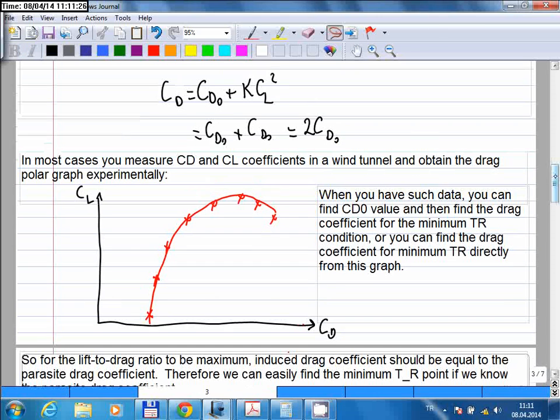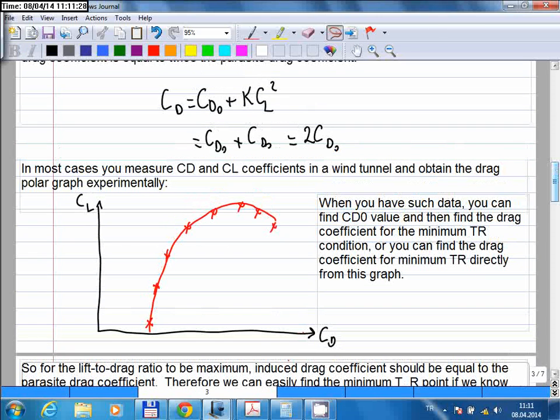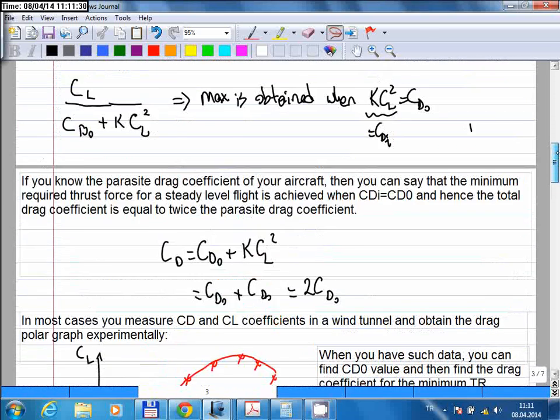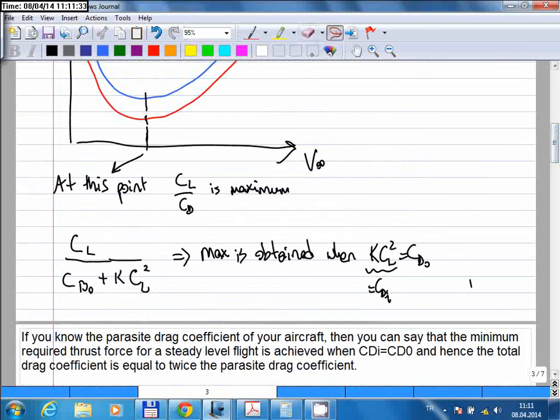Okay, so I have this graph, right, and I'm looking for the condition at which this ratio is maximum, right? The CL to CD ratio is maximum.